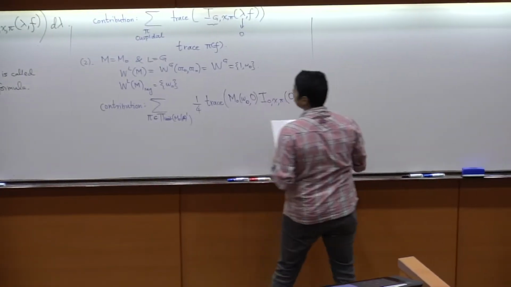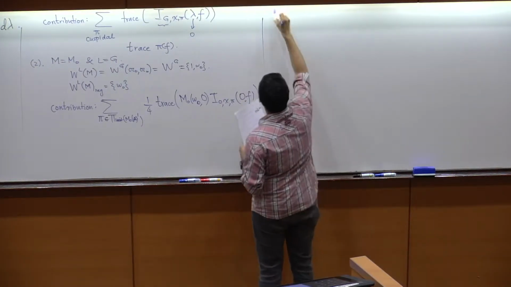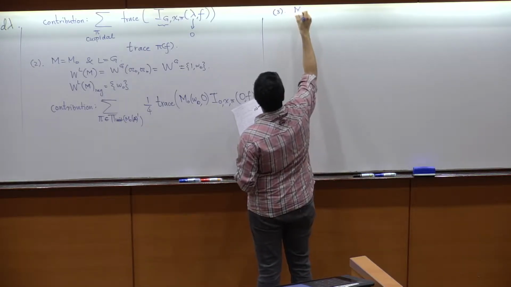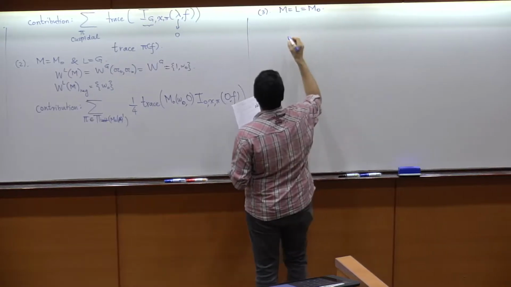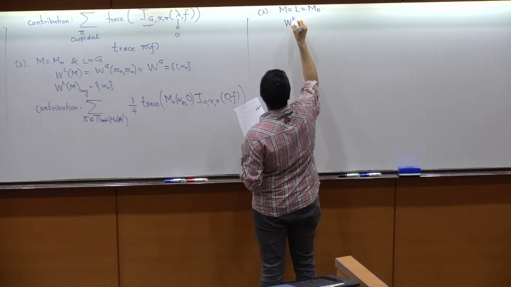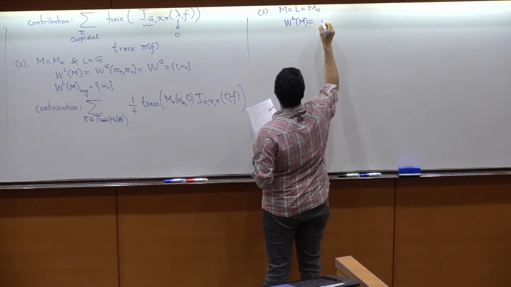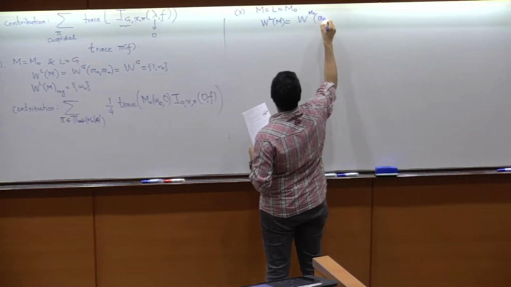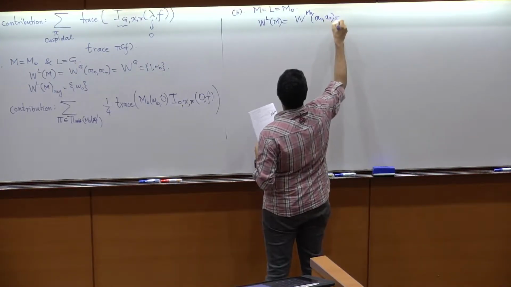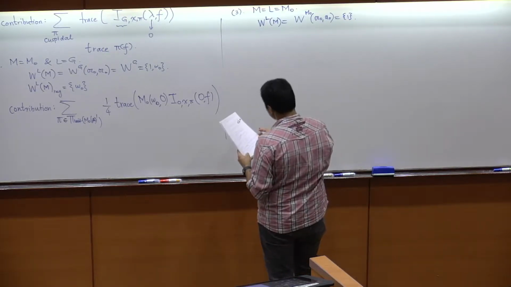And finally, when both are M0, then you get an integral. So W L M is W M0, A0, A0, and by definition this is identity and this is regular.